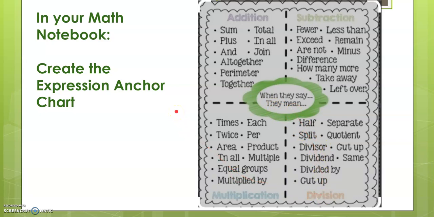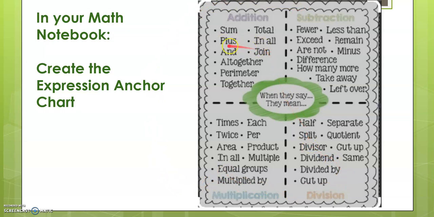In your math notebook, on the next clean page, you are going to create the expression anchor chart. Make sure you take up your whole notebook page, okay? You can make a 4 square, and then right in the middle put "when they say... they mean..." Label this one addition, subtraction, multiplication, and division.